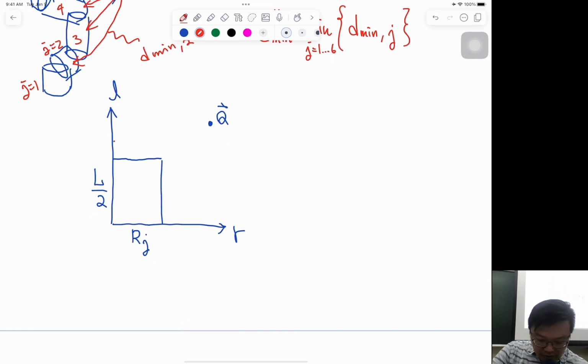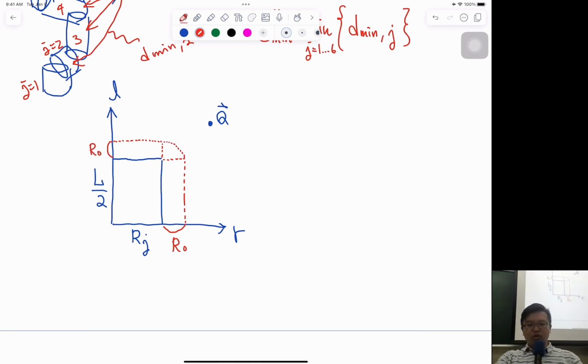Now I'm going to draw some straight lines here. The distance right here is R0. This is R0. And here is like a quarter of the circle. Okay?